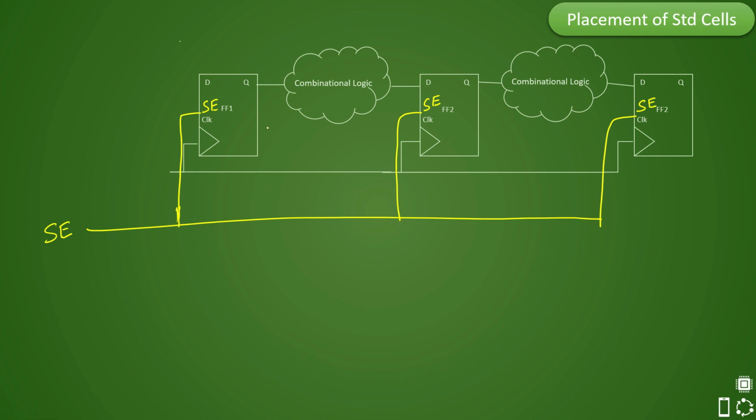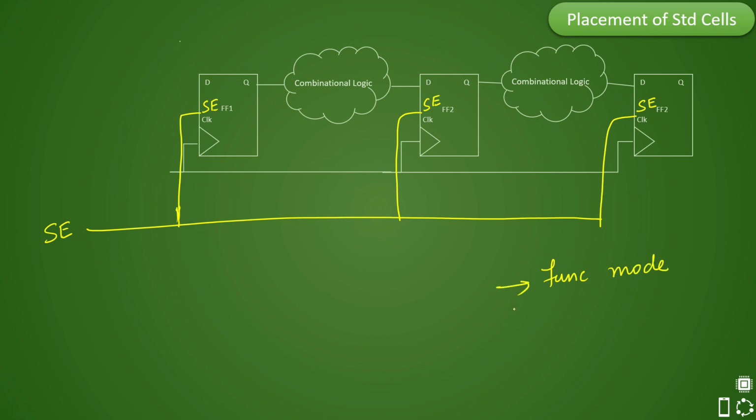In the normal timing mode, the data will be flowing normally from the Q pin to the combinational logic and again to the D pin of the next flip flop. This is normal timing mode, or functional mode.